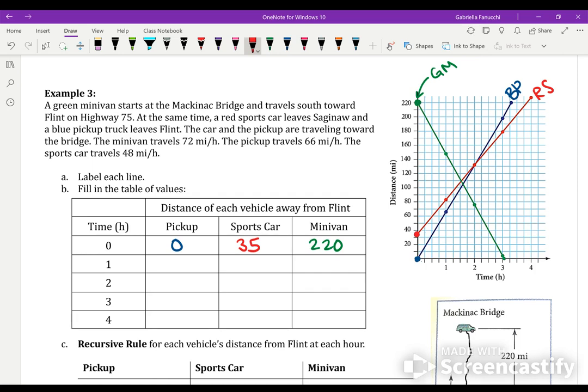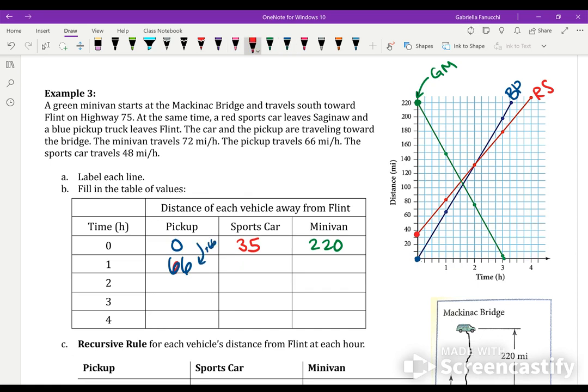So the blue pickup travels 66 miles per hour. So if it was at 0 and we're going 66 miles per hour, then we should be adding 66 each time. So 0 plus 66 is 66. The pickup truck, and I'm going to put plus 66 so we remember.